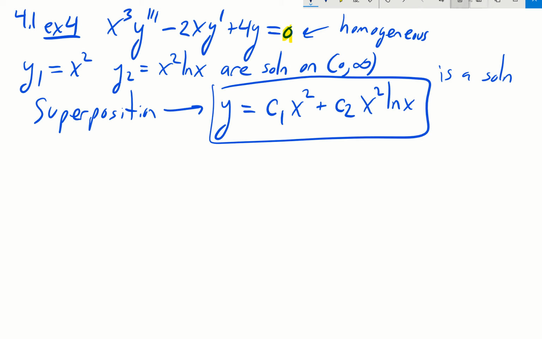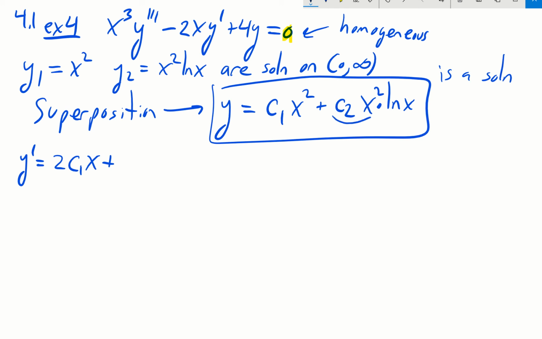Let's actually go ahead and verify and check this. This is going to be quite a bit of work, but let's do it anyway. So we need up to the third derivative of y. Y prime, the first derivative, is going to be 2c1 x plus, now be a little bit careful here, c2 x squared ln of x. This is a product, so we need the product rule.